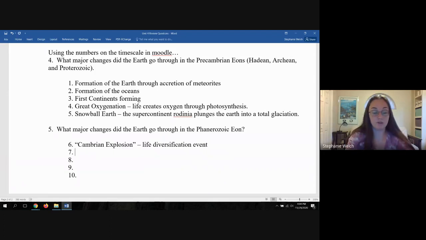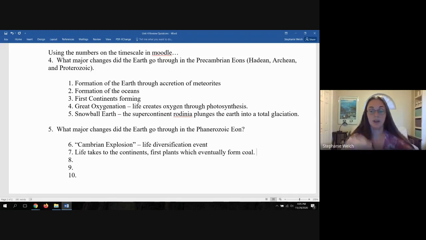Later on in the Carboniferous, life takes to the continents, especially first plants, which eventually form coal. The majority of the coal that we use on Earth comes from one particular time period called the Carboniferous. And we call it the Carboniferous because this is when plants really started to take over the continents.